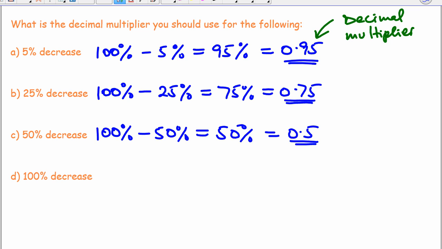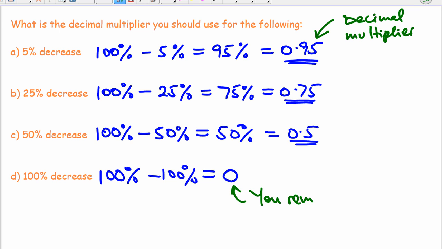And here we'll have 100% minus 100%, which is 0, which basically implies that if you decrease a quantity by 100%, you remain with nothing.